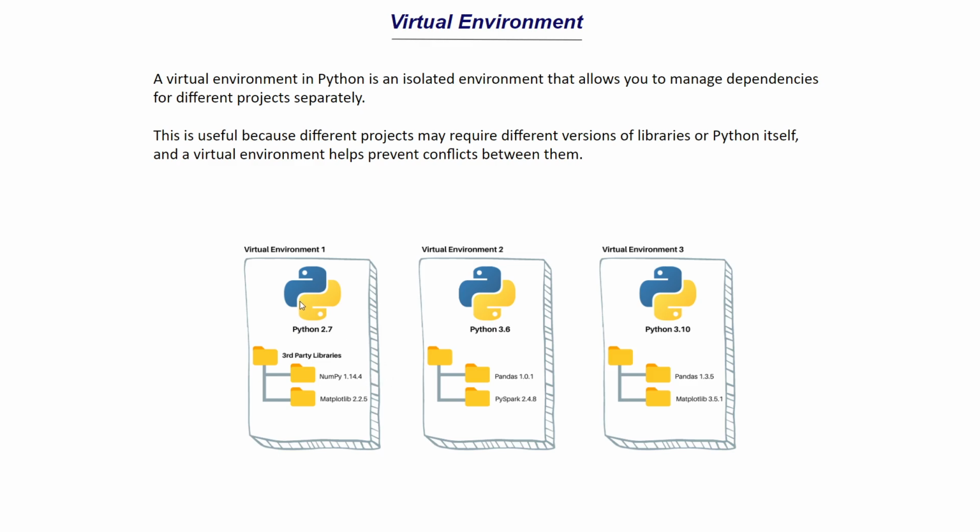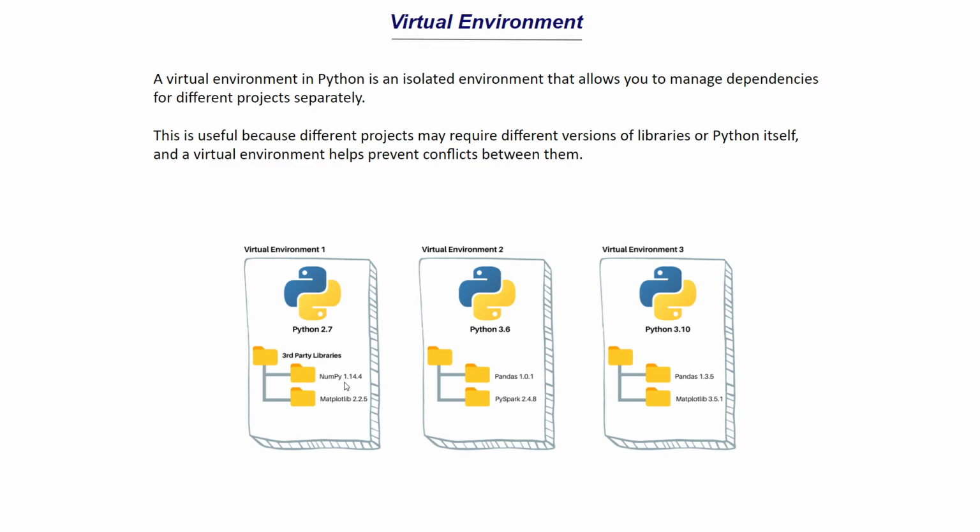After a year you work on a different project that requires a different library, and you have updated the library and the Python version. Now, when you go back to the first project, it's not going to work, because you have updated the libraries and the Python version, and so many things would have changed.